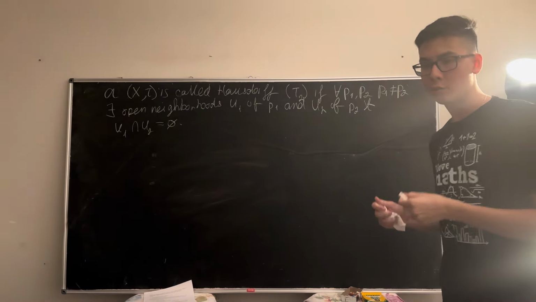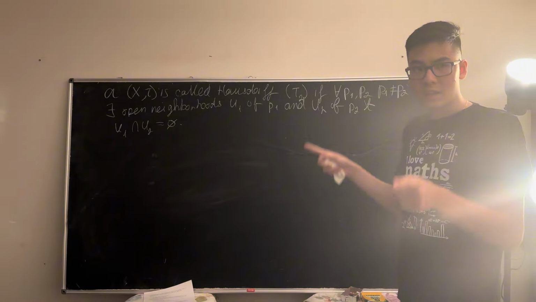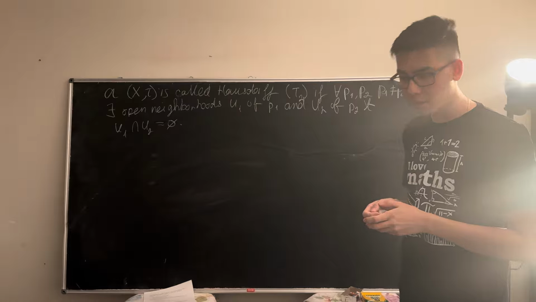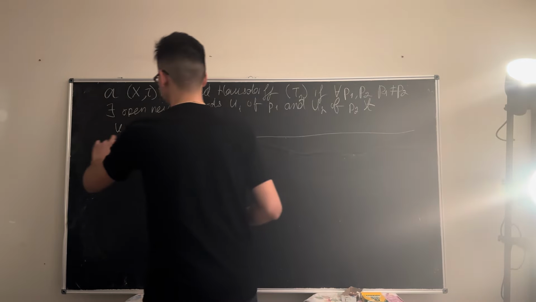So in other words, a Hausdorff topological space is one where any two distinct points can be separated from each other by open neighborhoods. So let's give some examples of Hausdorff spaces.